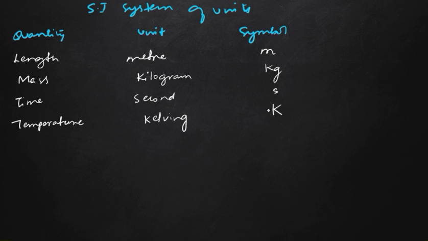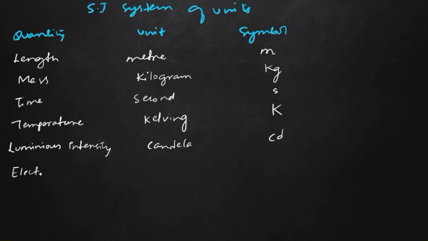Then we have luminous intensity. The unit is candela. Its symbol is small c, small d. Next we have electric charge. So you have to learn this table by heart. Its unit is coulomb.